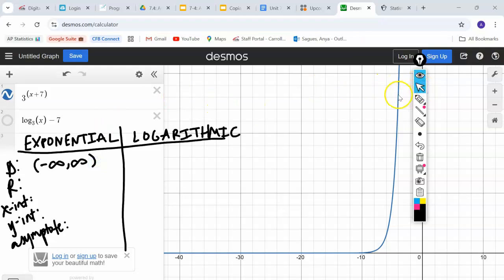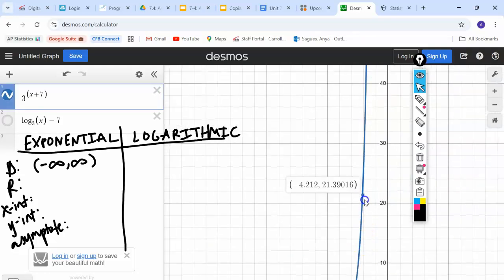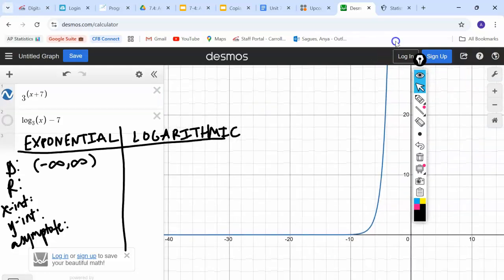For the range, I look at how far down it goes. I notice that the y value is stopping at 0. So we can say it goes down to 0. It does not touch or cross 0, but it gets very, very close. Then I can go back up, and it does not look like it's stopping.